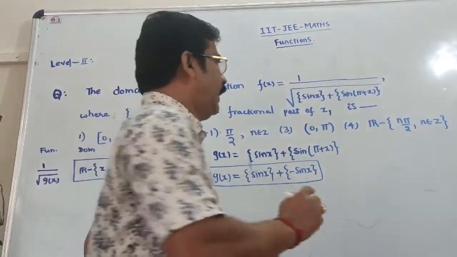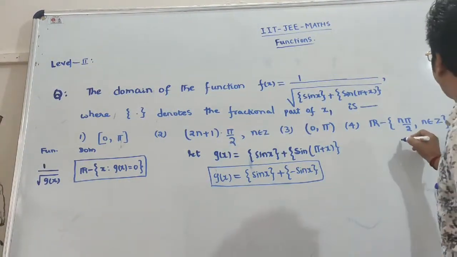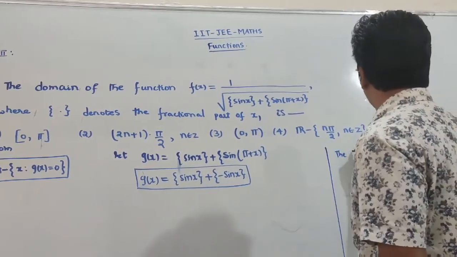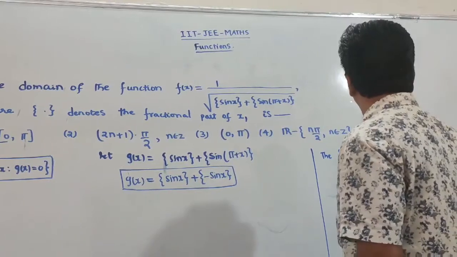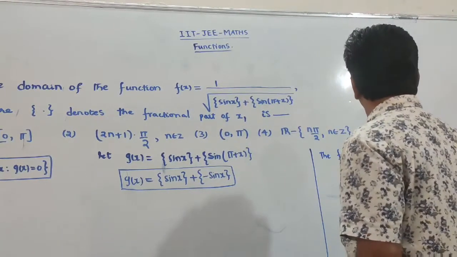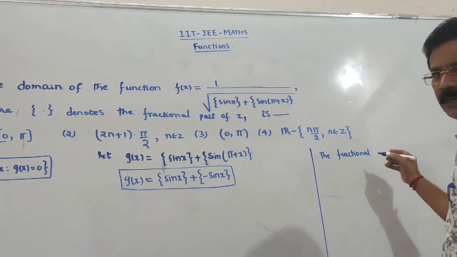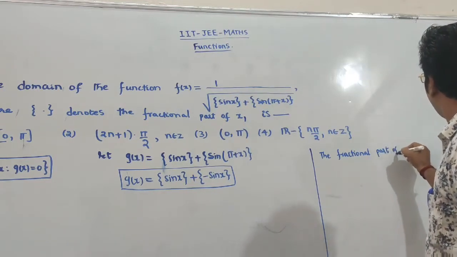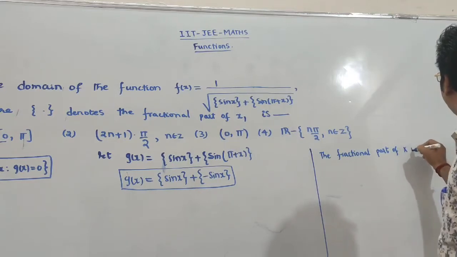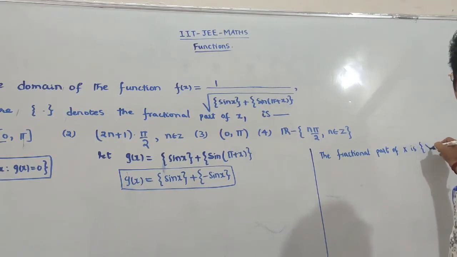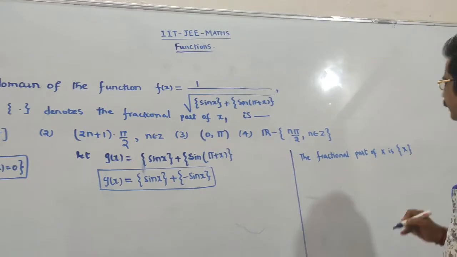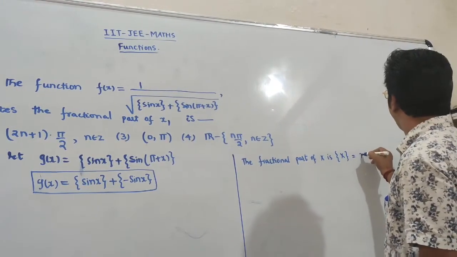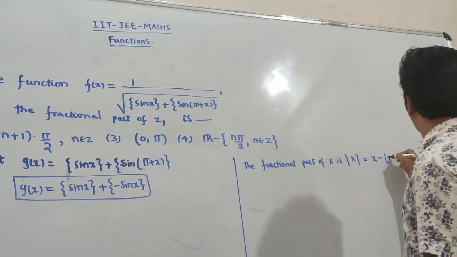Okay. First, I wish to explain the definition and some properties of the fractional part of x. The fractional part of x is denoted by the bracket function {x}. It is defined as x minus floor of x.